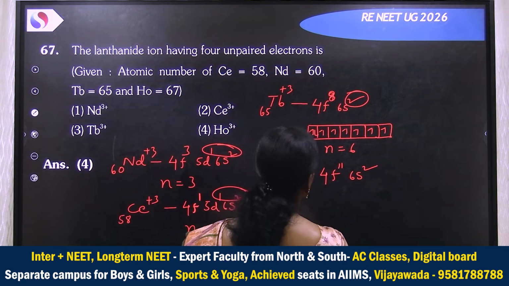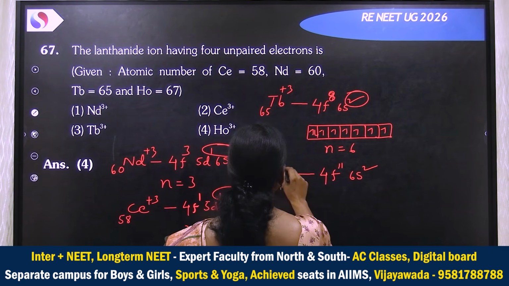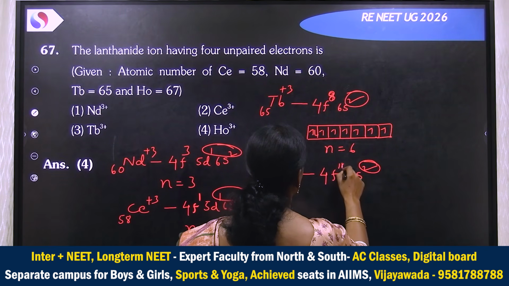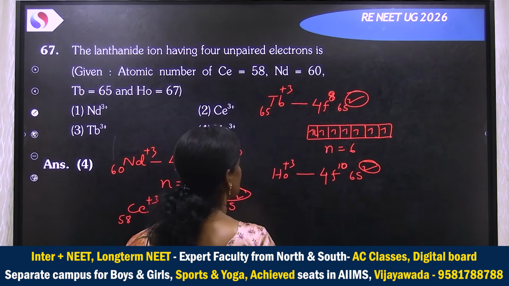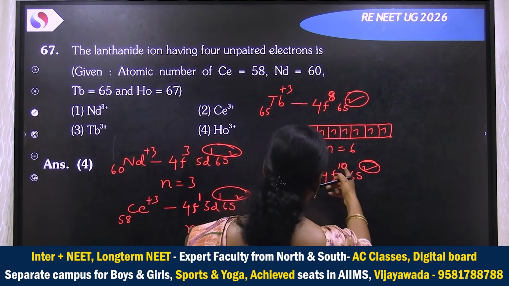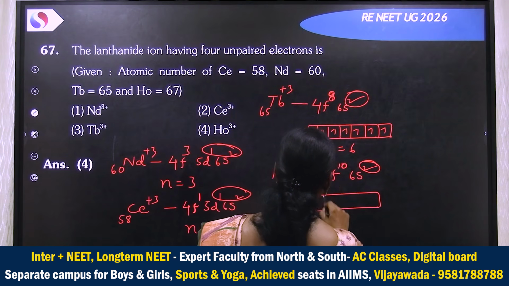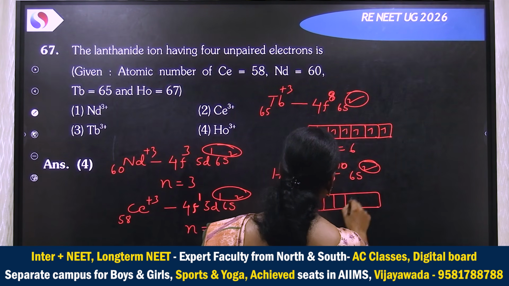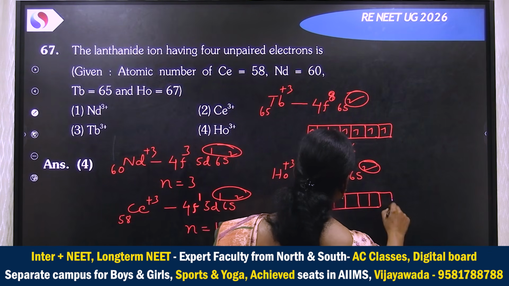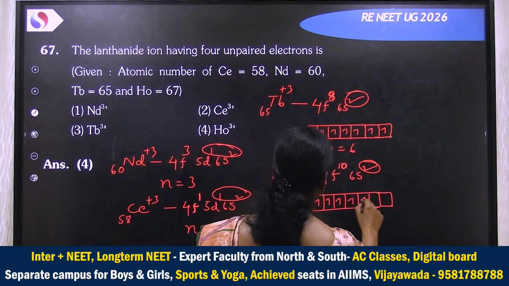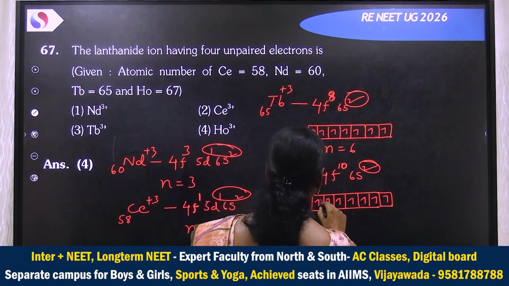After losing 3 electrons, holmium plus 3 means 2 s electrons and 1 f electron are lost. So there are a total of 10 electrons in the 4f orbitals.